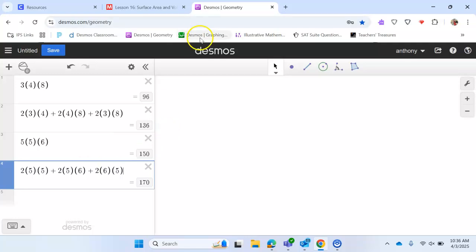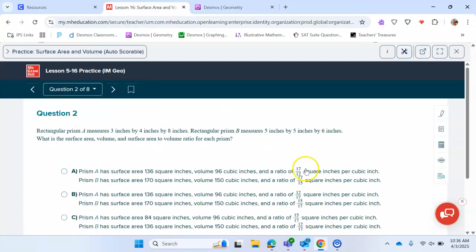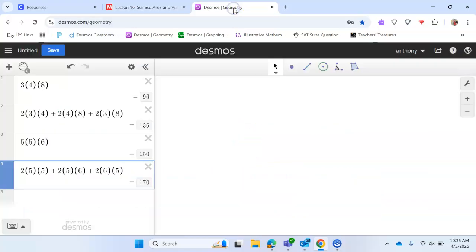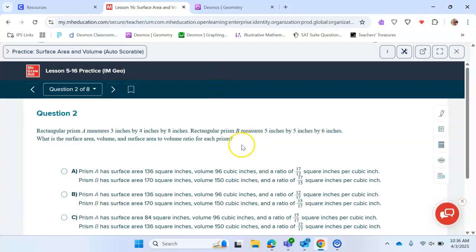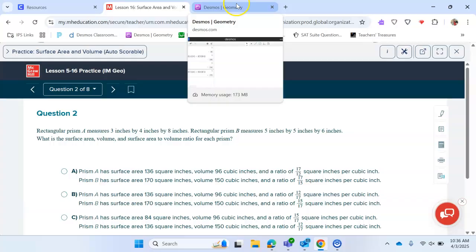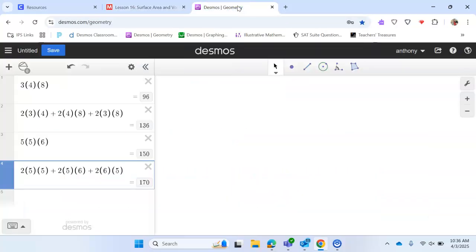Prism A has surface area 136 and volume 96. Prism B has surface area 170 and volume 150.